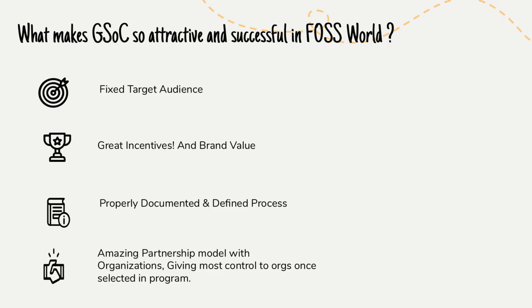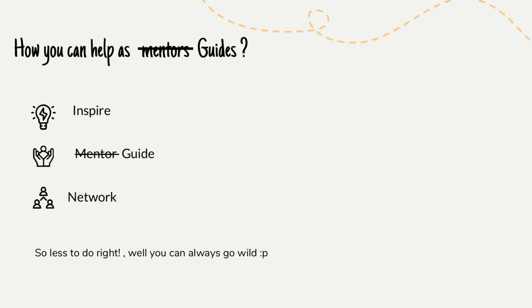So, talking about how you can help us in these programs: we don't just want you to mentor the students. We want you to help the students as their guides. Even little things can generate a lot of momentum for us. You can do things like inspiring students.